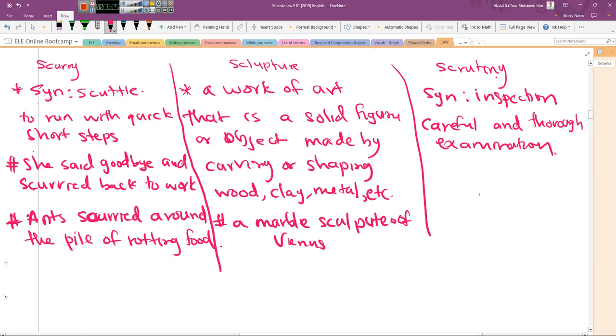Okay, right. So the example is, her argument does not really stand up to scrutiny. Her argument doesn't really stand up to scrutiny.